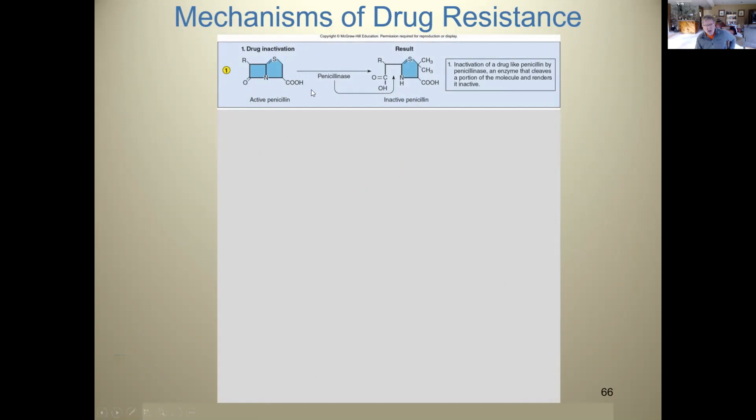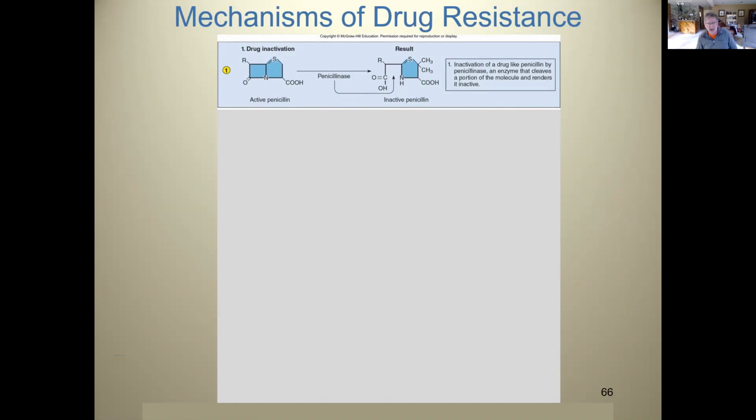And we also talked about how some bacterial populations can prevent the activation or the effectiveness of this naturally produced antibiotic by producing enzymes. In this case, the enzyme penicillinase. Again, we know it's an enzyme because it ends in ASE. And what penicillinase does is it inactivates penicillin by breaking an important bond here that would ordinarily exist in the active form of the antibiotic.